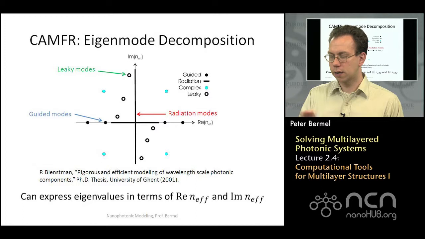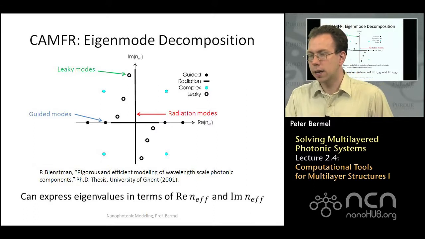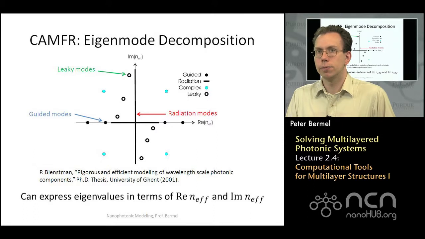And so it'll just nicely propagate through the system in one direction. If we flip the sign and make the real part of the effective index positive, then it'll propagate in the other direction. So another way to think about this is that now beta is pure real. And so this is the most standard case for a waveguide.